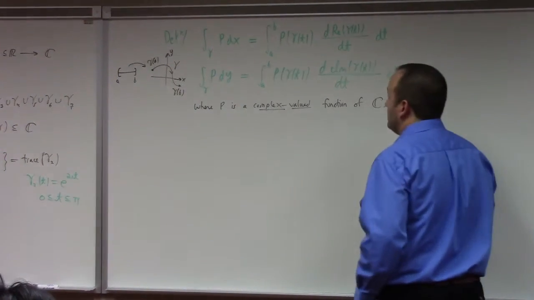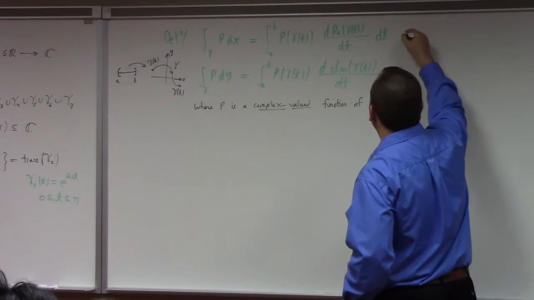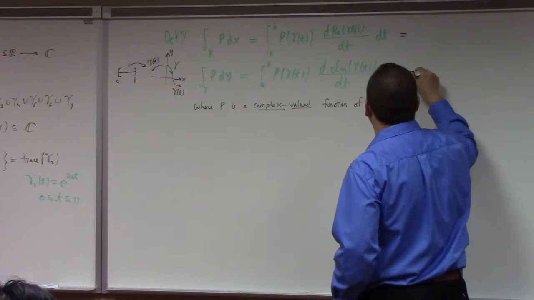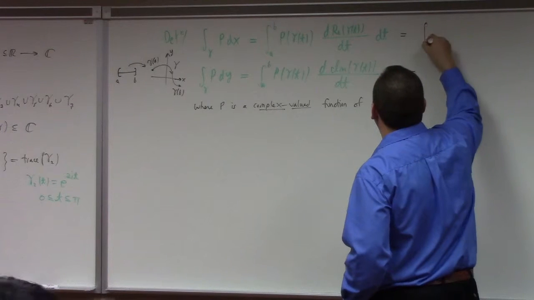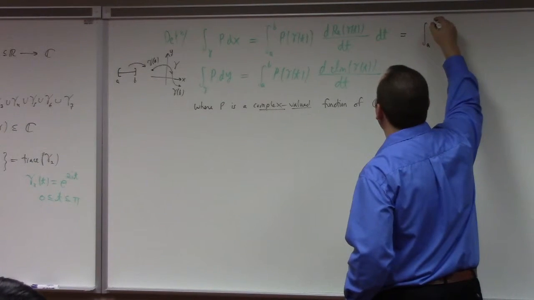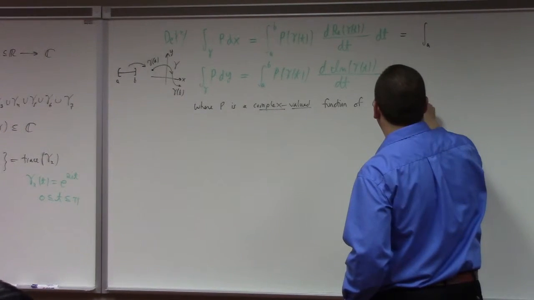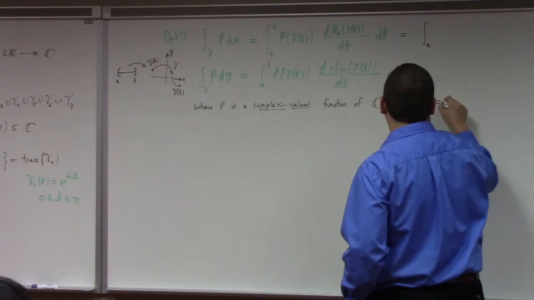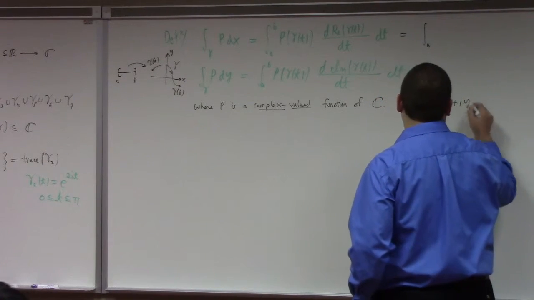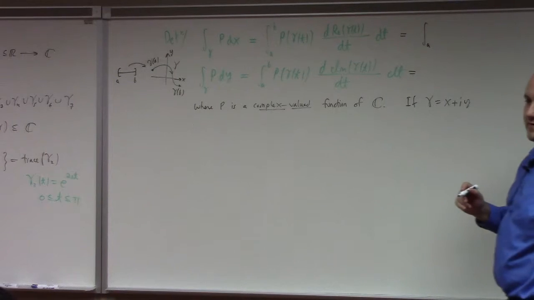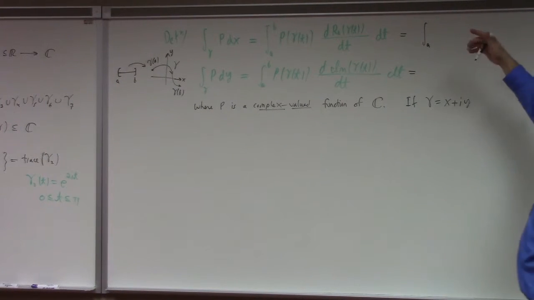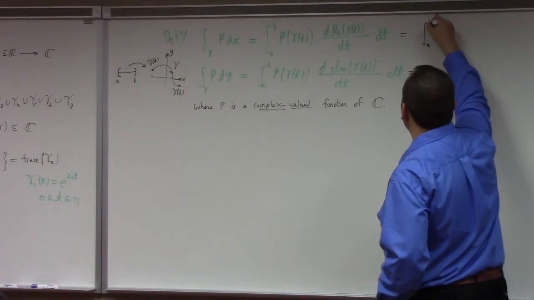And so there's slick notation here. It almost looks like there's almost nothing to say here. If we let gamma equal x plus iy, as is often done, where x and y are functions of time, then what does this definition look like? It just looks like a kind of formal chain rule.